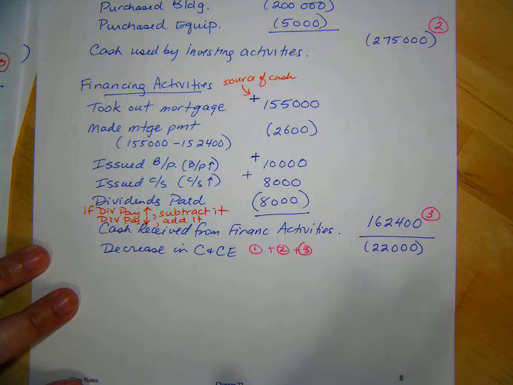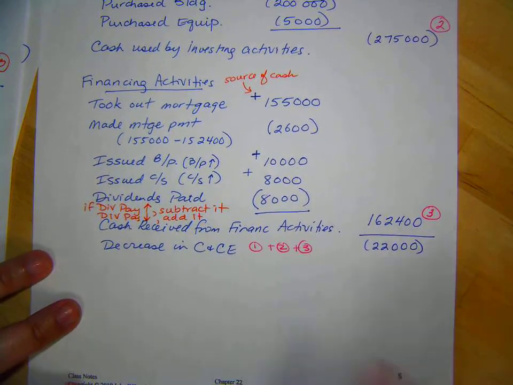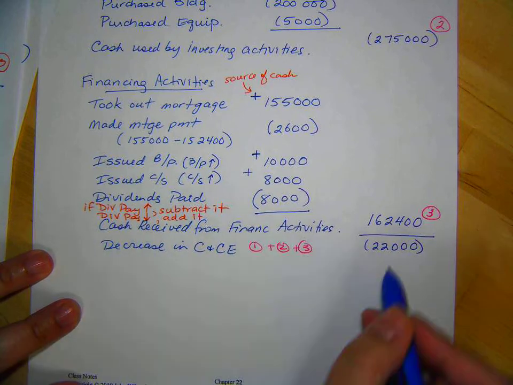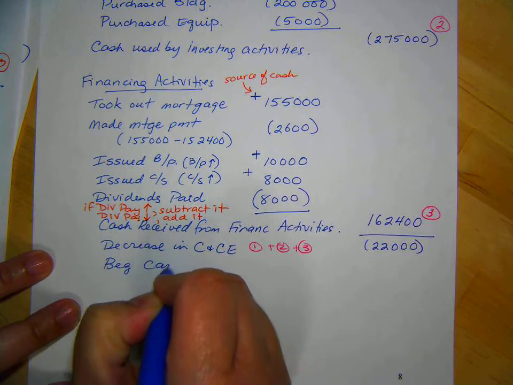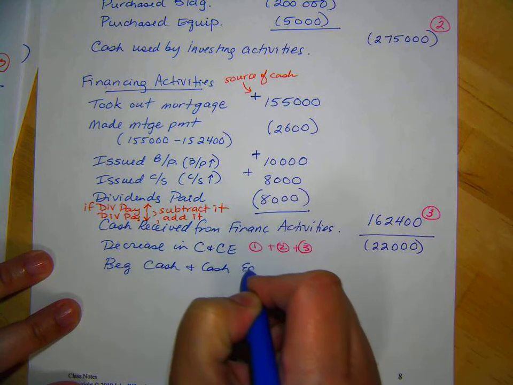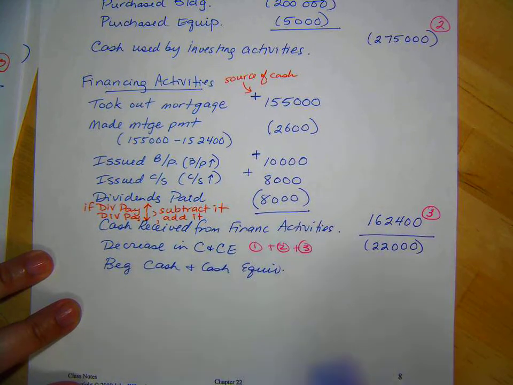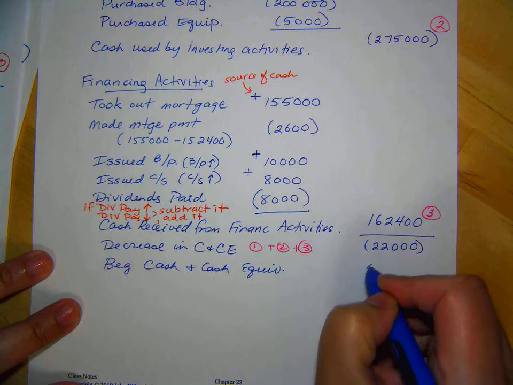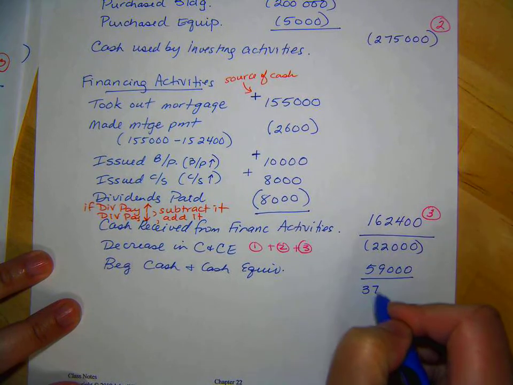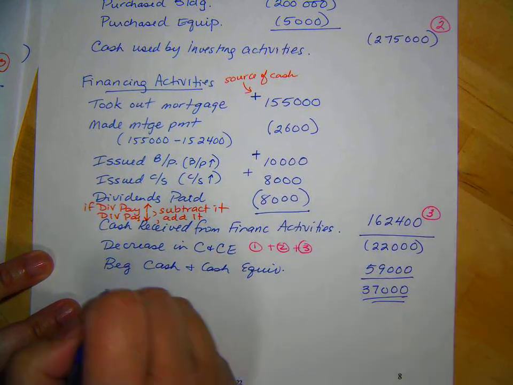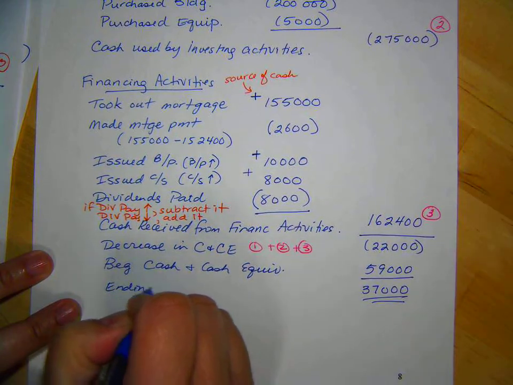So before we go, well actually no, let's finish off the statement, then I'll talk. So then we got to make sure it balances. You're going to put the beginning cash, cash equivalents, which is 59,000, and that's 37,000, which is your ending cash balance.